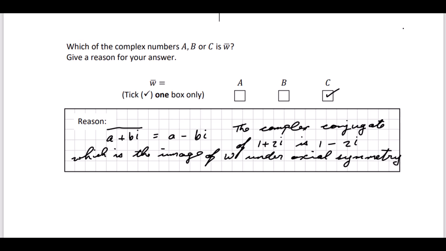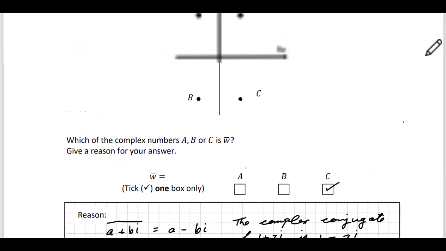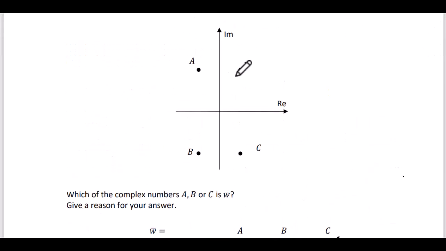Under axial symmetry in the x-axis. So when you have any complex number, its conjugate is going to be that complex number reflected in the x-axis, or in this case I should really say the real axis.